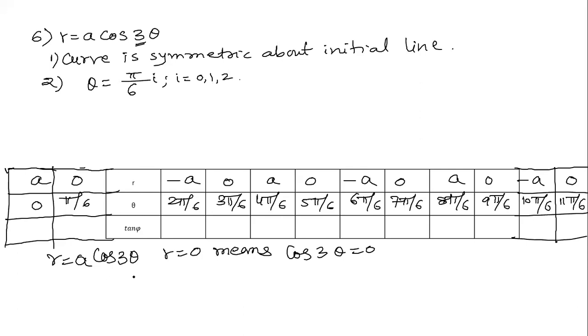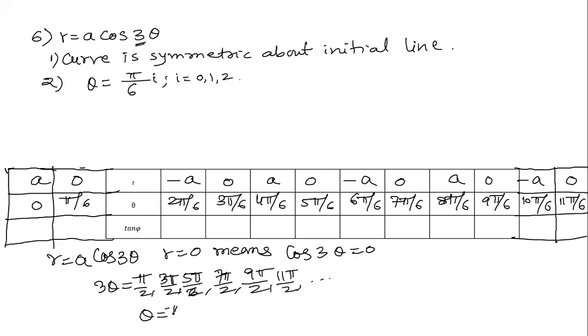That is possible when 3 theta equal to pi by 2, 3 pi by 2, 5 pi by 2, 7 pi by 2, 9 pi by 2, 11 pi by 2. Therefore, theta equal to pi by 6, 3 pi by 6, and so on are tangents at the origin, at the pole.